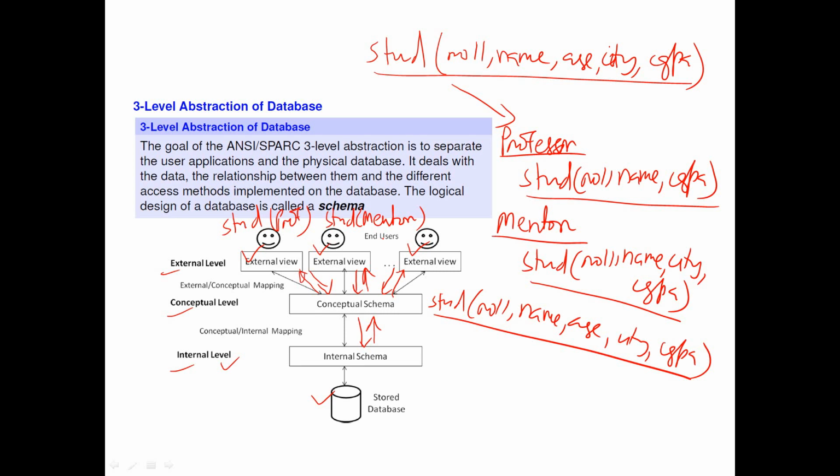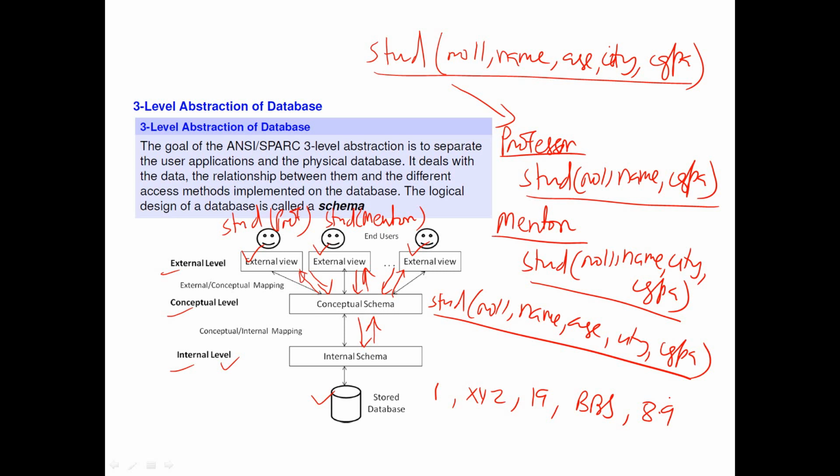In this case, let me take one data record: 1, name is XYZ, the age is 19, city is let's say BBS, CGPA is 8.9.